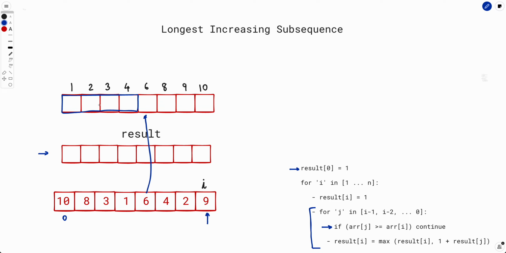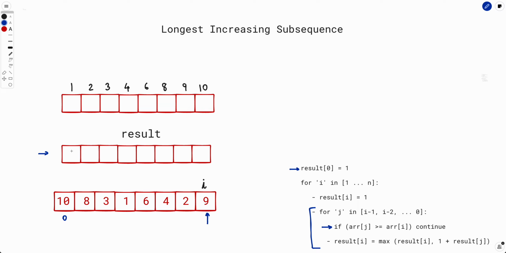So let's just iterate over this one example to get better understanding. So this is our array for which we need to find out the longest increasing subsequence. We sorted the array so that each element here maps to one particular index here. So that's how we sorted the array. Now we have to build this result array.